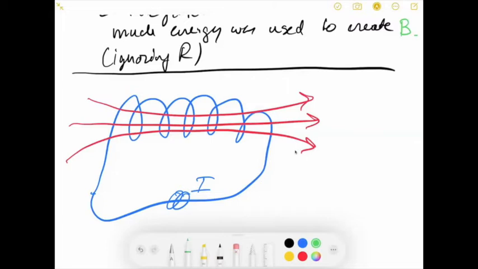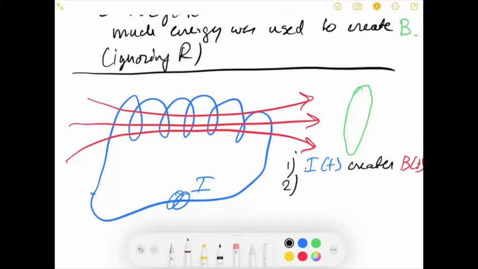And now I'm going to put my loop here, and then the way of thinking is, well, one, the current as a function of time creates B. All right, and then two, the EMF is generated in here, so there's an EMF here.